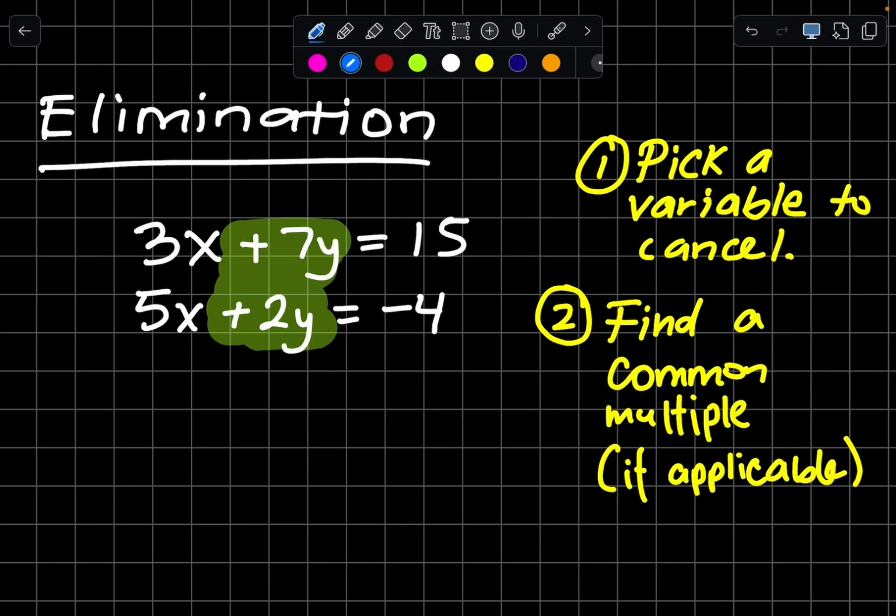Okay, so what am I going to multiply the top by? How do I get 7 to equal 14? I multiply by what? By 2. So I'm going to multiply everything by 2. I'm going to place parentheses around the whole thing and then a 2 in front. That's telling me that I'm multiplying everything by 2.